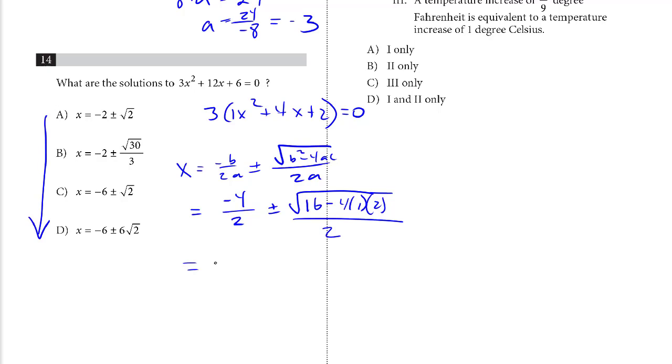So what does that work out to? It's minus 2. Right away, these are wrong. Plus or minus the square root of 16 minus 8, which is the square root of 8, over 2.